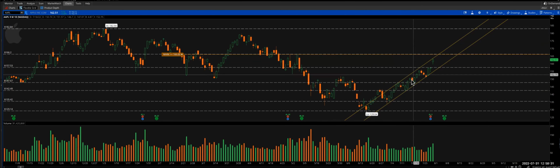Don't necessarily look at the price action, because the price action is random inside of this channel. But the channel is not random, because it's showing you the trend, so it's showing you where and how to trade inside of that trend. And with the volatility, it's showing you exactly where Apple goes from day to day. You're just looking at inside of the trend.